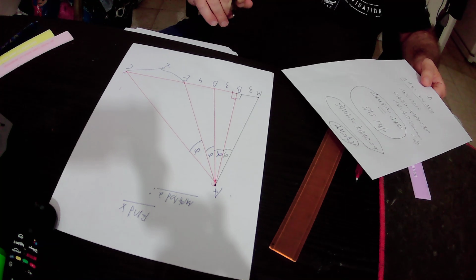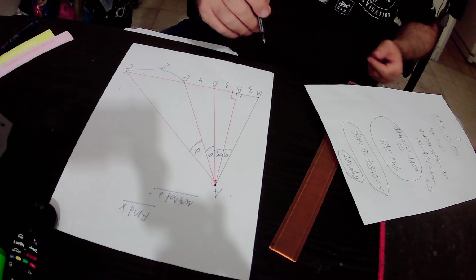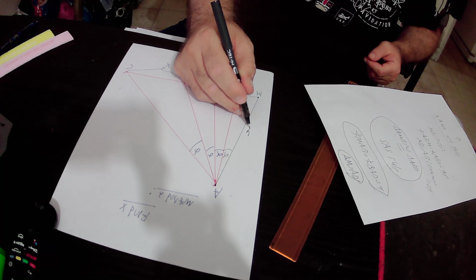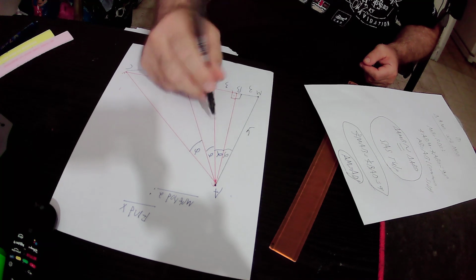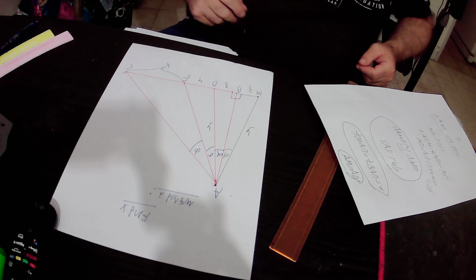Okay? So AM equals AD. And if we define AM as Y, then AD will also equal Y, because AM equals AD. Okay?